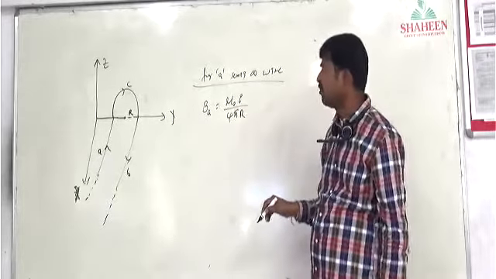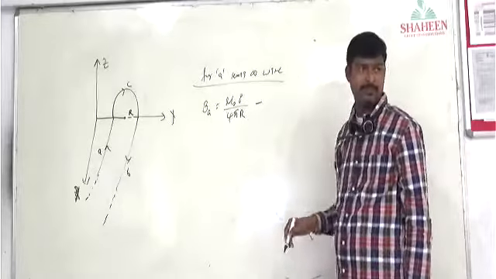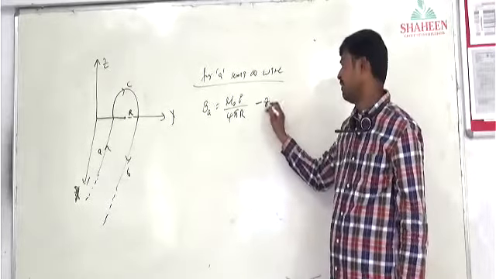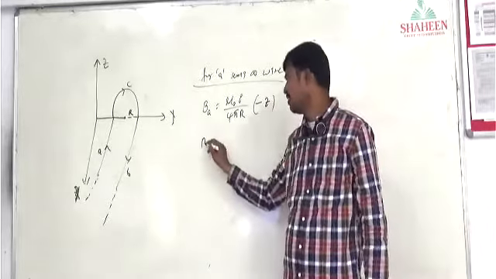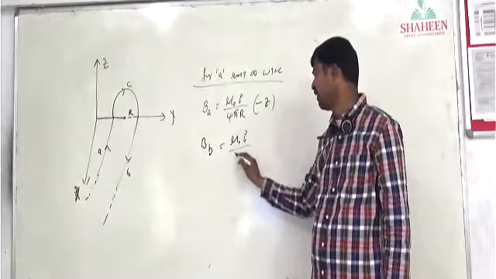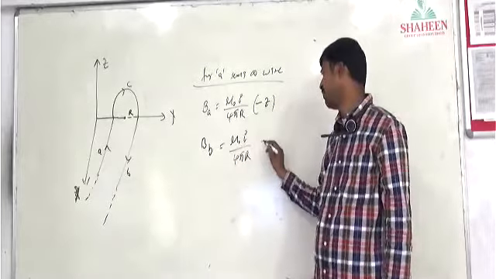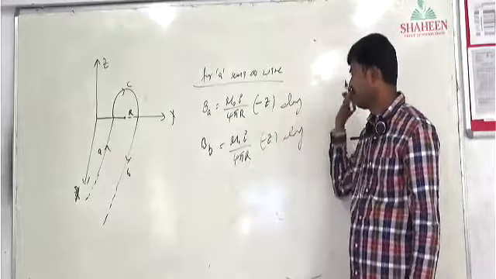Downward, according to Z, minus Z. Next, similarly for B, the same, along minus Z only. Both are the same, minus Z.